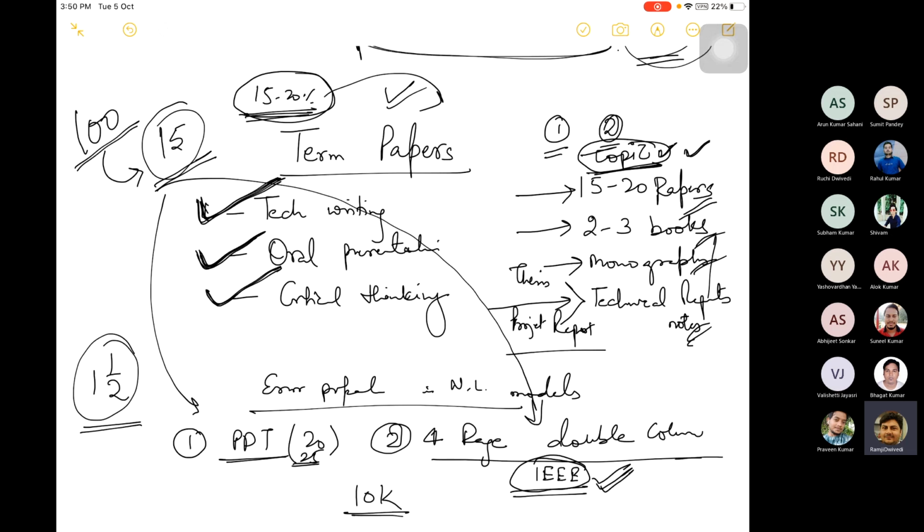That's why for the past several years we have been introducing these term papers, where students are supposed to present in a group, or on a single topic if the strength is not that much. You will feel good because when you explore these areas, you will come out with something you should be proud of. That's how our term papers would be given.